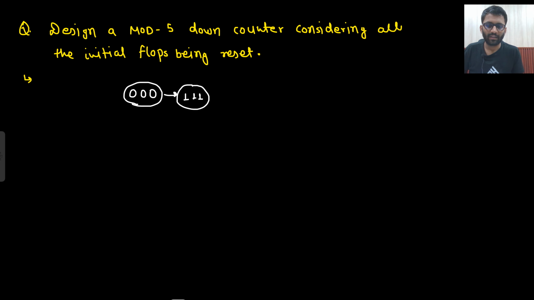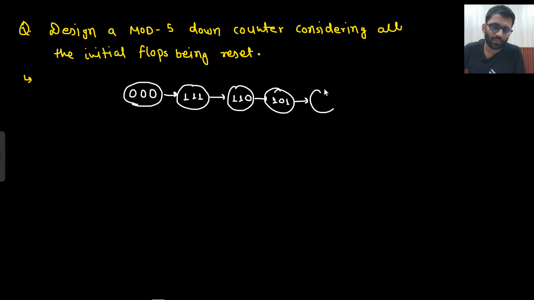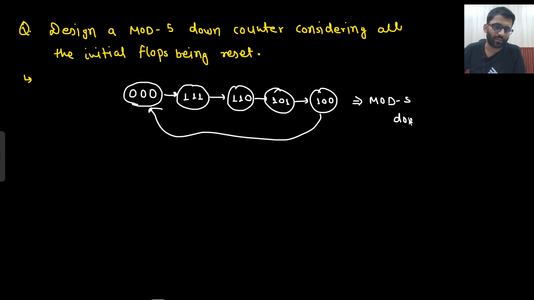From 0 to 7, then I will go to 6, then 5, and then 4. This is what I am counting down. 5 states are there. This is your mode 5 down counter.